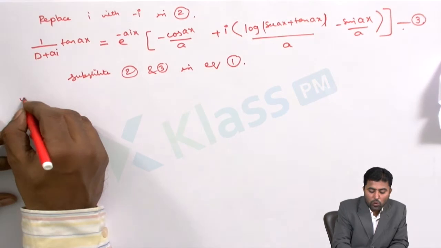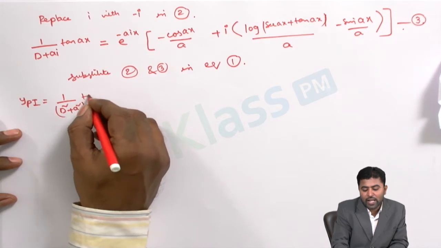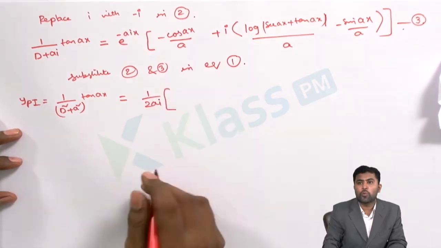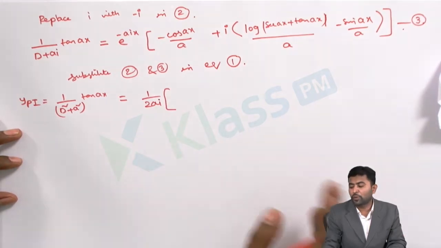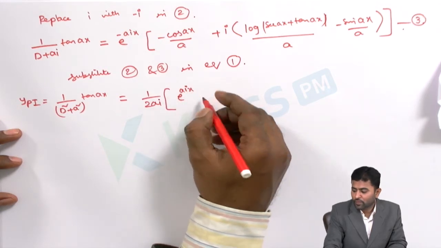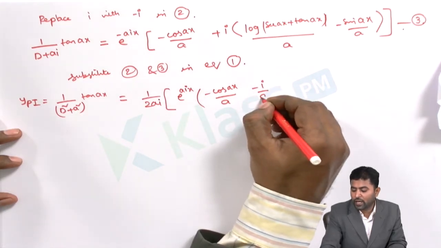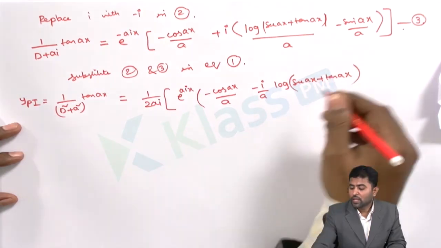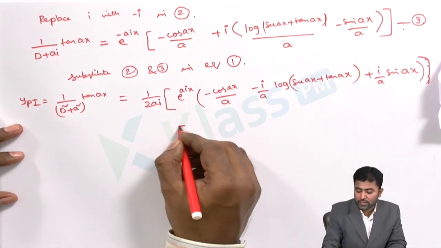Equation 1 was ypi is equal to 1 by d square plus a square tan ax, which we wrote as 1 by 2ai, 1 by d minus ai minus 1 by d plus ai. We calculated both the values, so we'll substitute them here. e power iax into minus cos ax by a minus i by a log secant ax plus tan ax, then plus i by a sin ax, then minus.